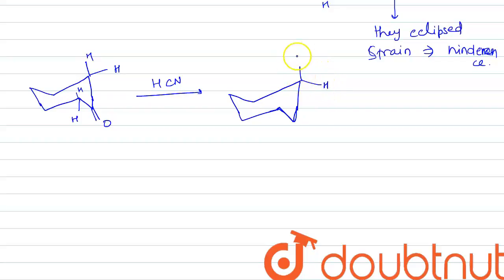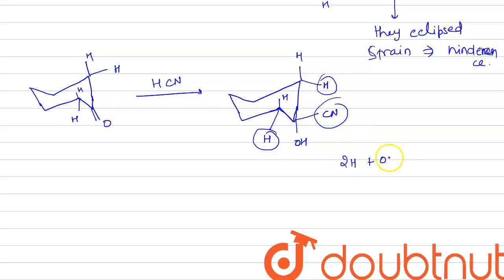Here hydrogen, hydrogen, cyanide at equatorial position, this is also equatorial position, this one is at axial position, here is OH. So these two hydrogens and one OH are staggered to each other. That's why it is stable.